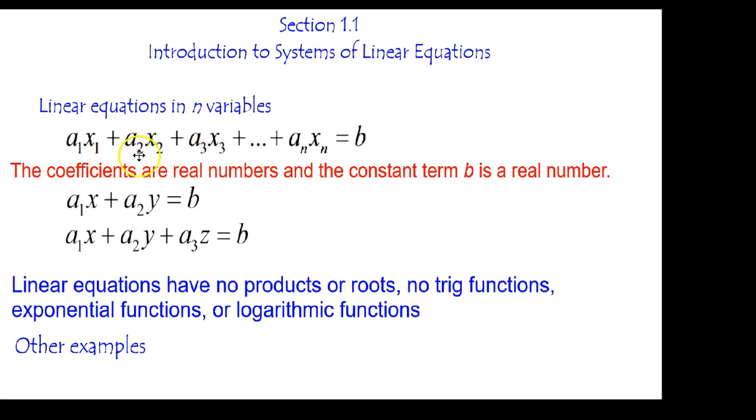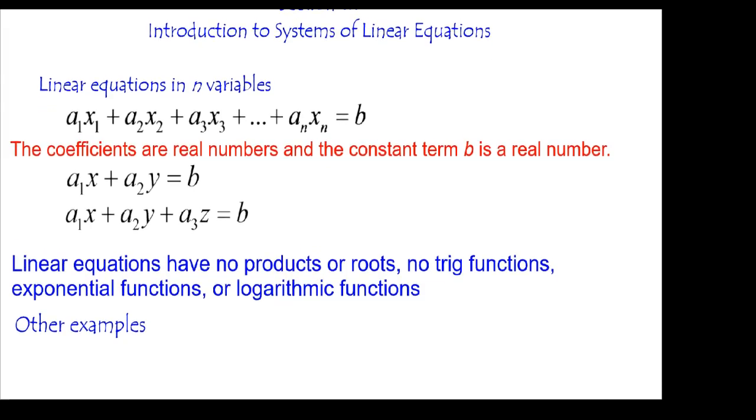And then x sub 1, x sub 2, x sub 3, etc. are the variables. Linear equations have no products or roots, no trig functions, no exponential functions, or logarithmic functions.